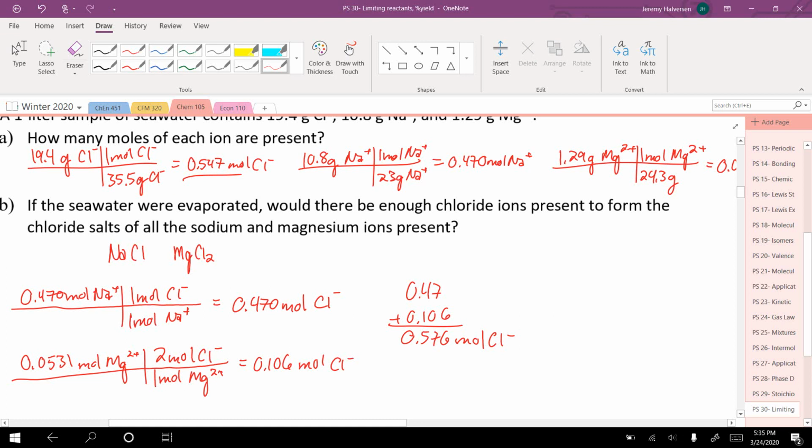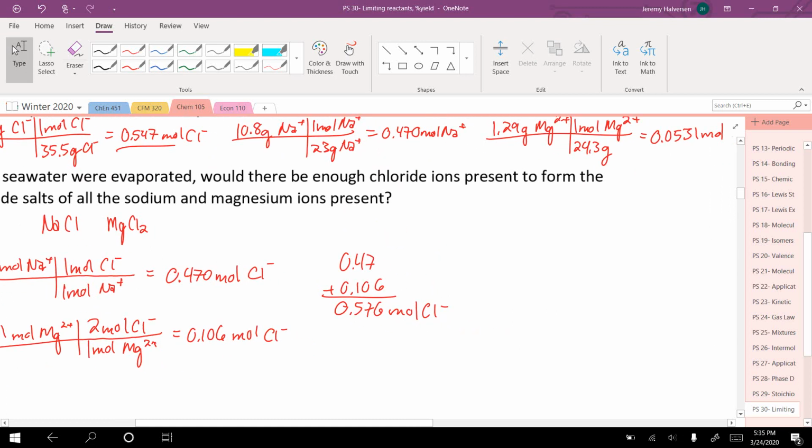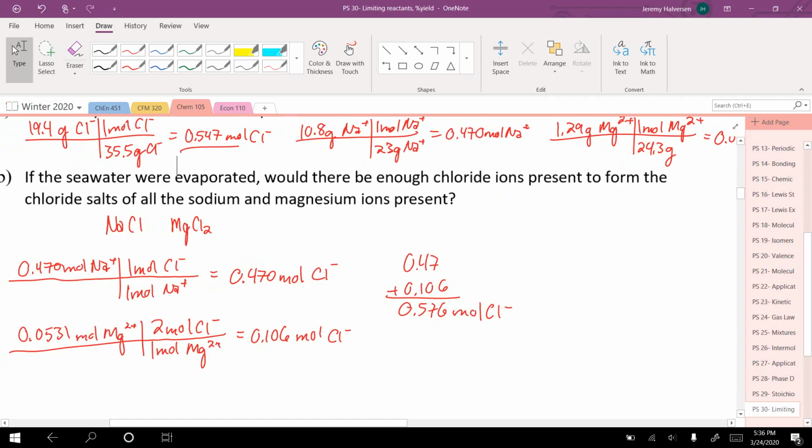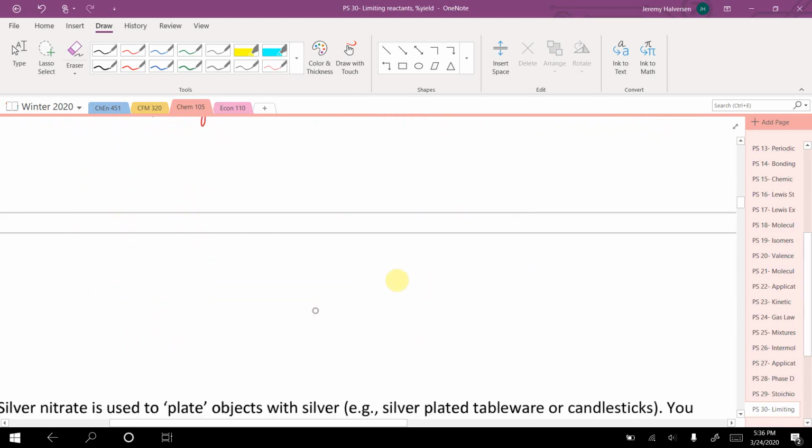So do I have enough to match everything up? I do not. So would there be enough chloride ions present to form the chloride salts of all the sodium and magnesium? Nope, there would not, because I need 0.576 moles, and I only have 0.547 moles. Sweet.